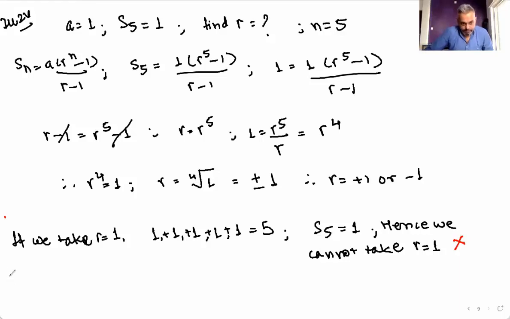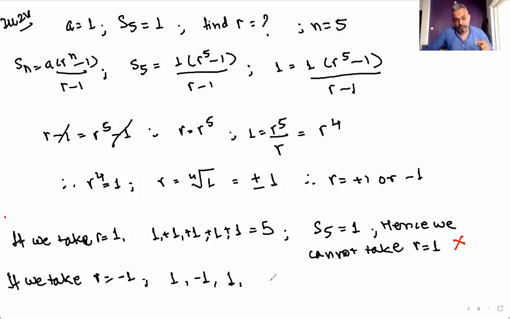So what will we take? If we take r is equal to minus 1, then what will the terms be? The first term plus 1. 1 into minus 1 is minus 1. Minus 1 into minus 1 is plus 1. Plus 1 into minus 1 is minus 1.